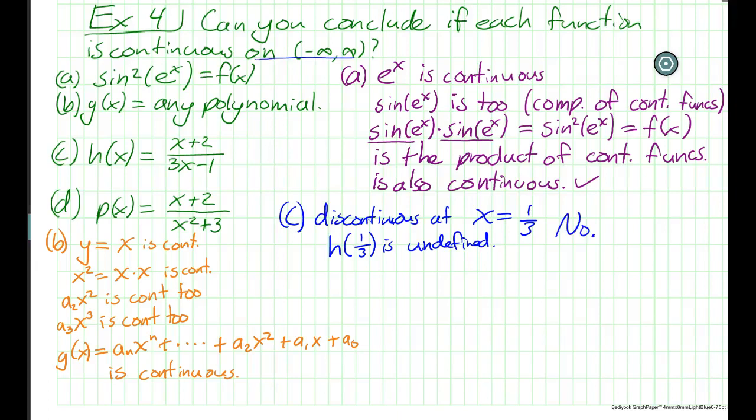You could say it's continuous from negative infinity to 1/3 because the denominator's not 0 there.